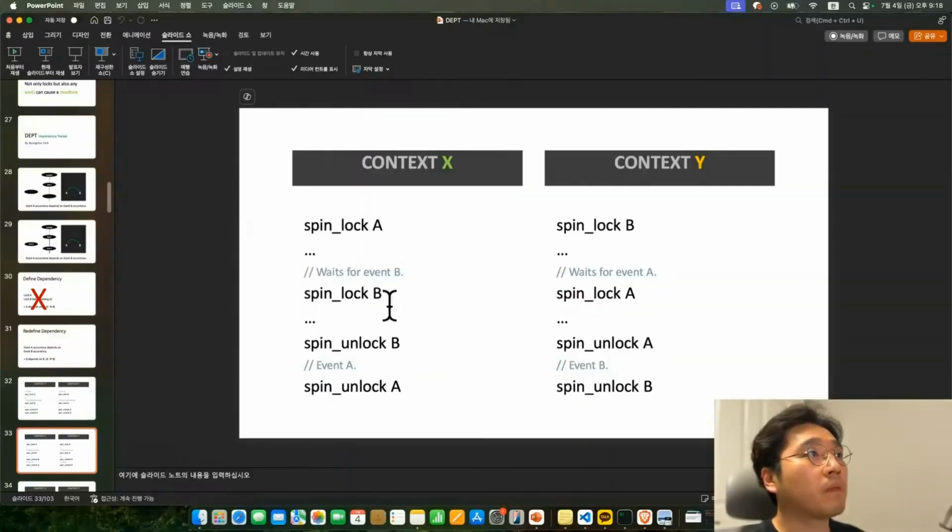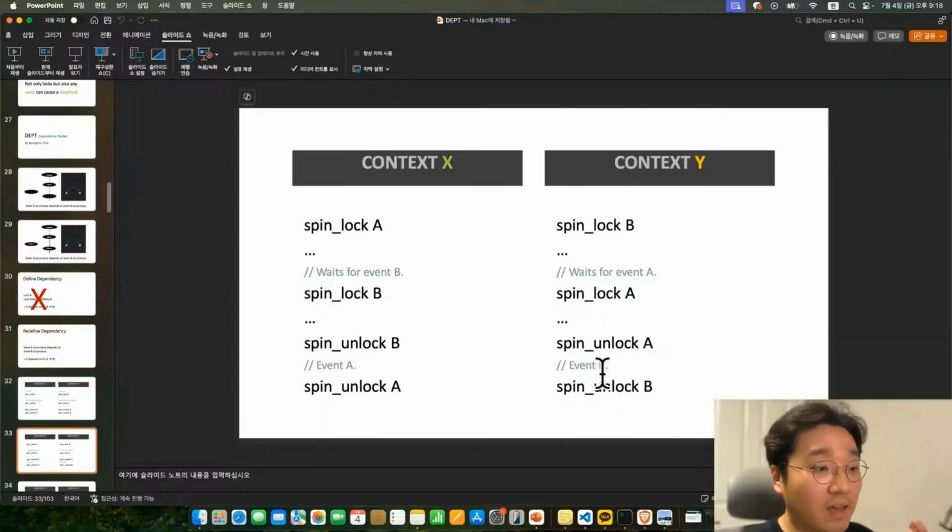So we don't need to focus on this context, but on who wants to hold the lock B. This goes to waiting for the event. We redefined unlock as an event, right?